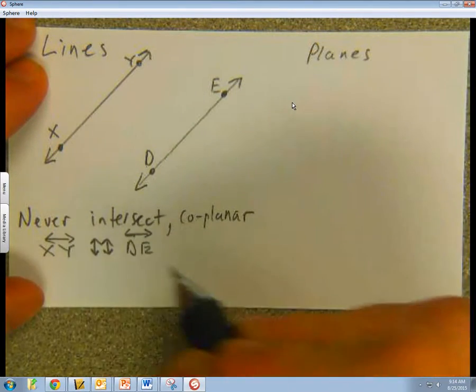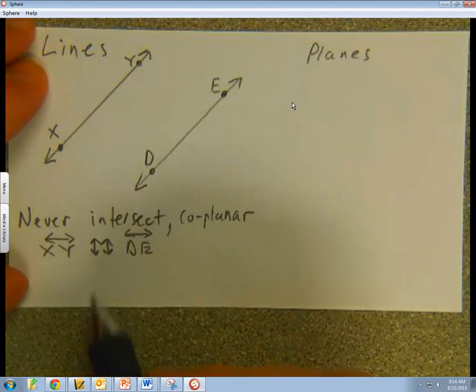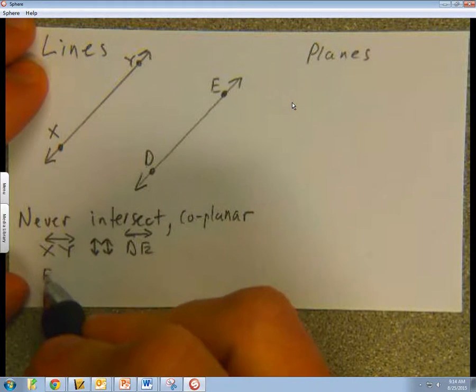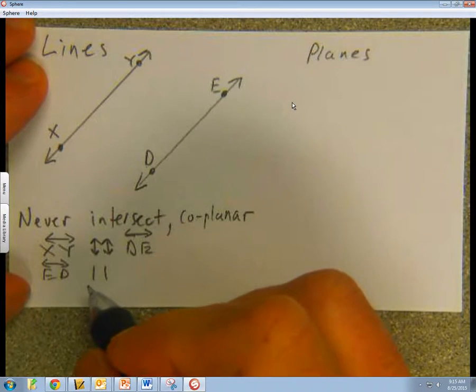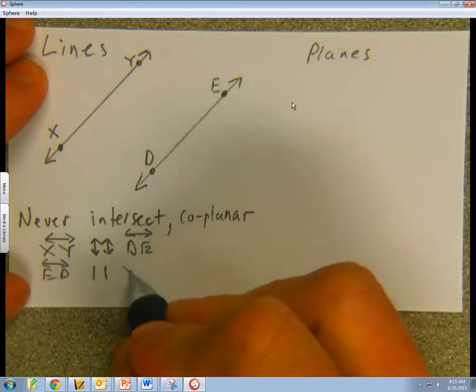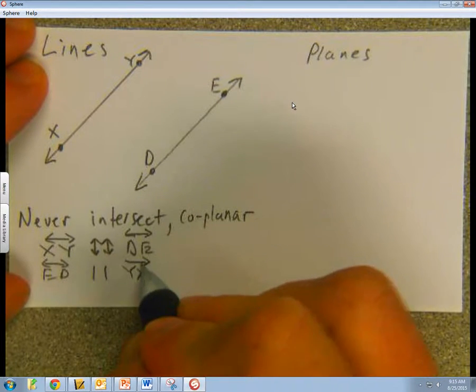You can of course write it like ED, and instead of the double arrows you can also just draw two vertical lines. You can move it all around. We talked about that the other day.